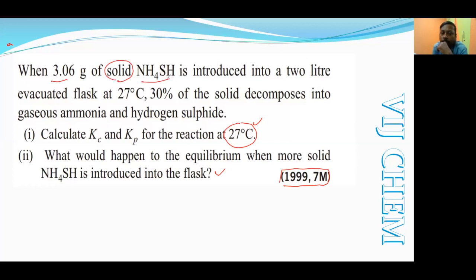Okay, ammonium hydroxide, but here sulfur is there. Understood? Introduced into a 2-liter evacuated flask at 27 degrees Celsius, where the solid 30% decomposes into ammonia and H2S. Kc, Kp, what would happen when more solid is introduced into the flask? Okay, start now.